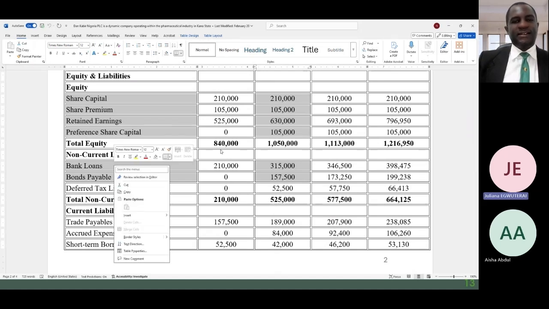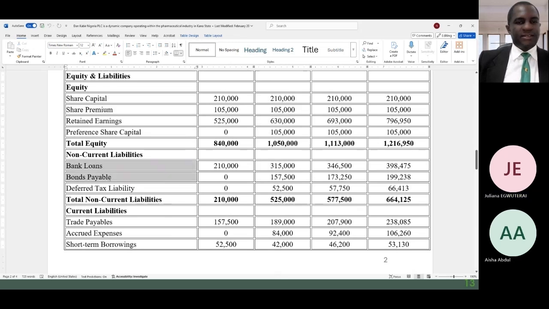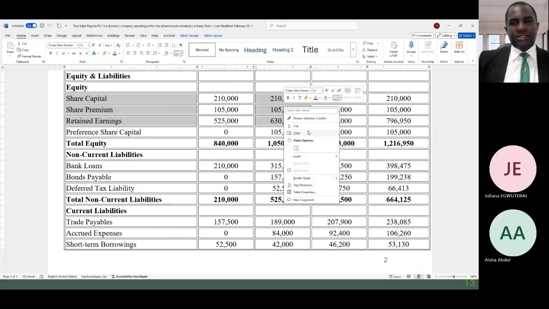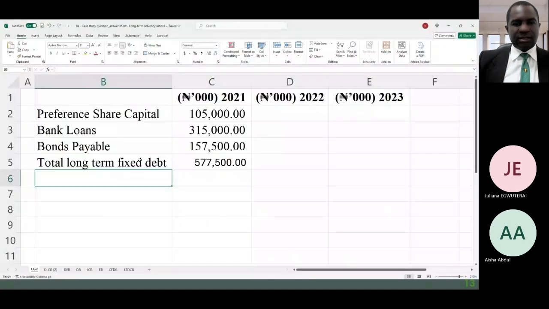So this total: share premium, retained earnings, everything. Exactly. Everything that belongs to ordinary shareholders. So what I'll do is I'll just pick these three, since I've already picked the other three, so that I can total it.